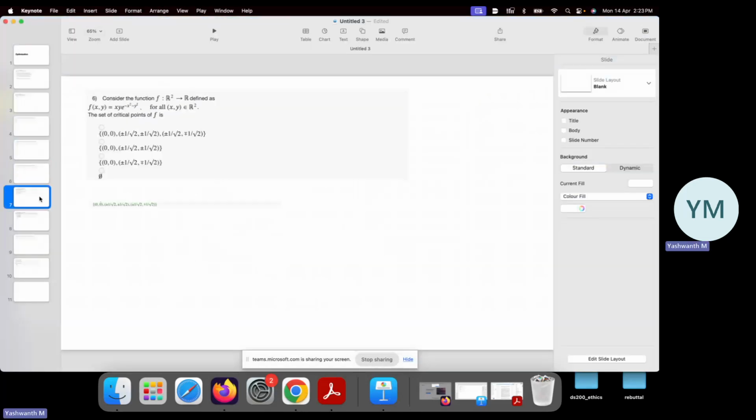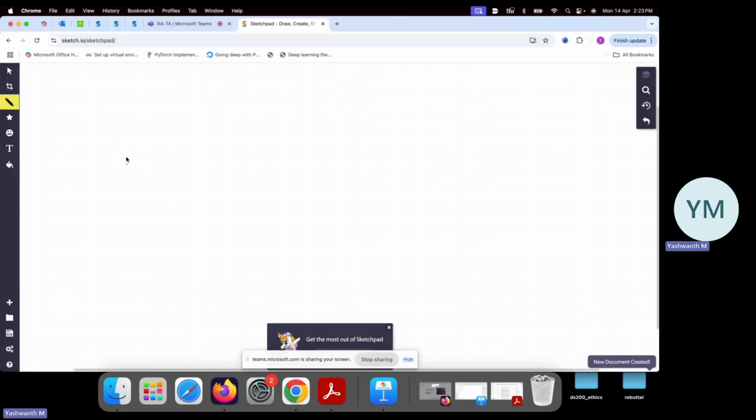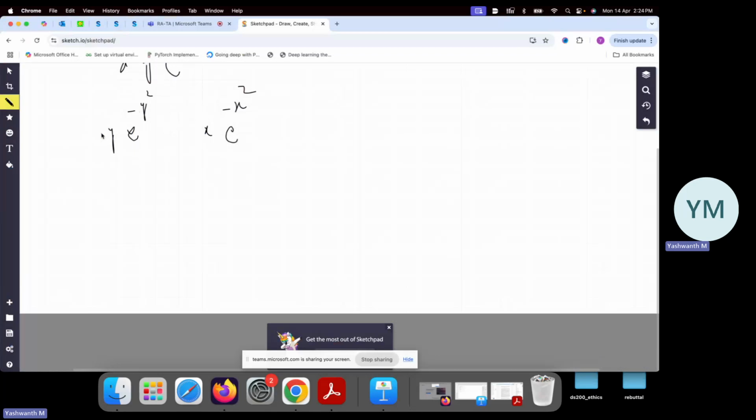So let's solve another question. Stationary points of this function. The function is f of x, y equal to xy minus x squared minus y squared. So fx, we set this aside, and we just set this to 0. And differentiation of this with respect to x needs to be set to 0.